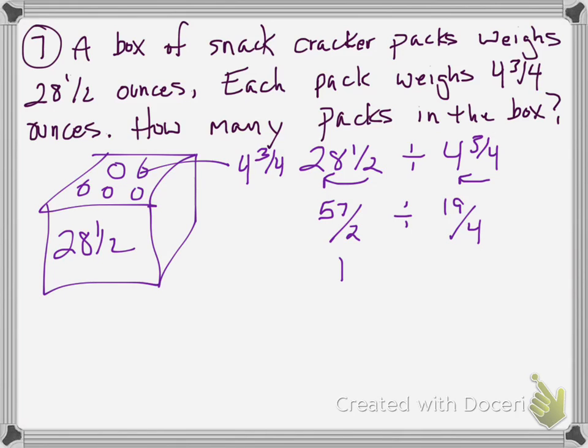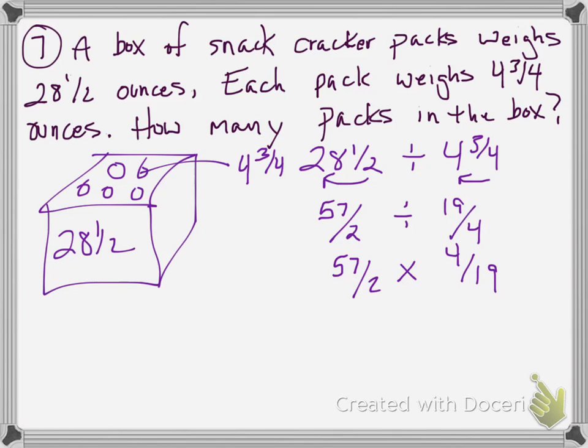And then I have to keep, change, flip whenever I'm dividing fractions. So when I keep, change, flip, I'll have my 57 over 2. That one I kept, this one I changed, and this one I flipped, 4 over 19. So I could just multiply straight across.